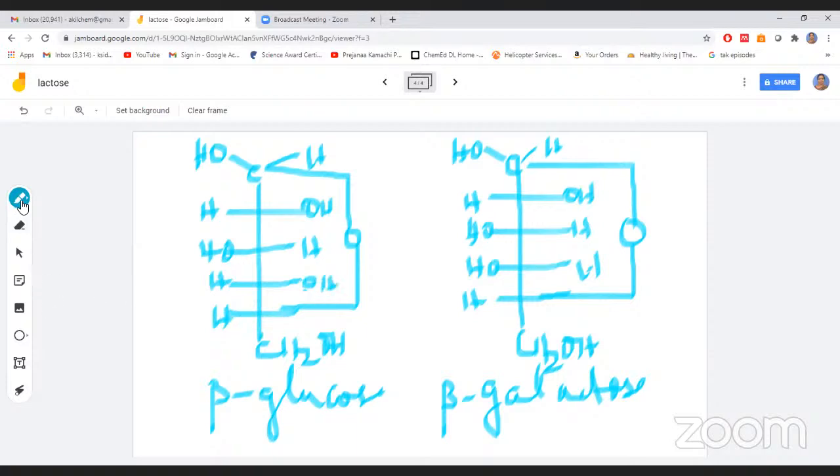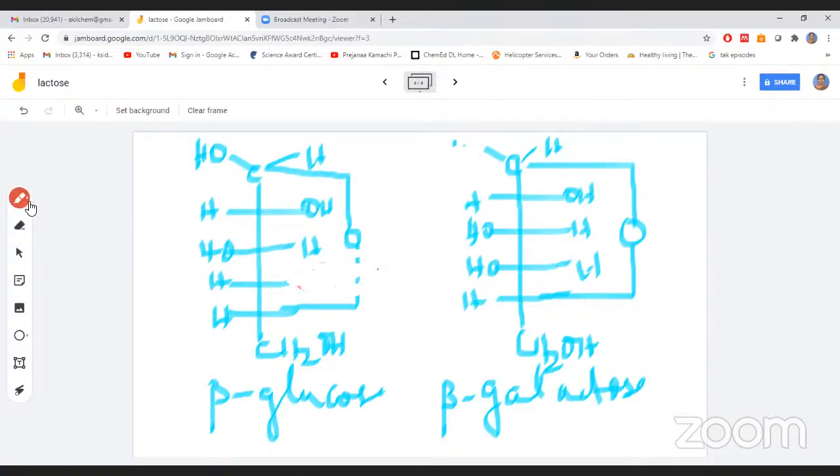This OH is going to condense with this one, and they are going to be removed as water. So what will happen now? My linkage will be, when the water is removed, the glycosidic linkage.